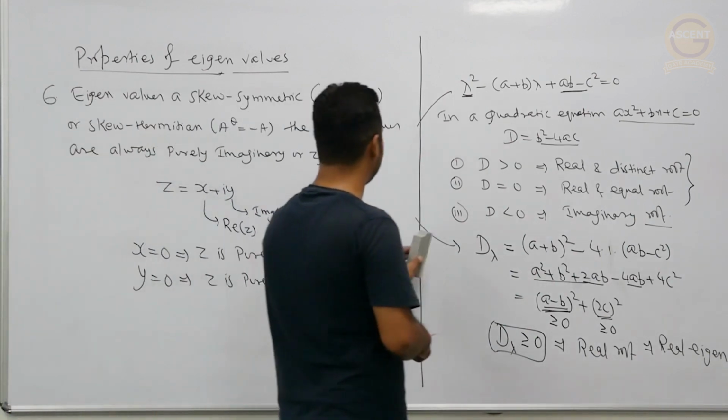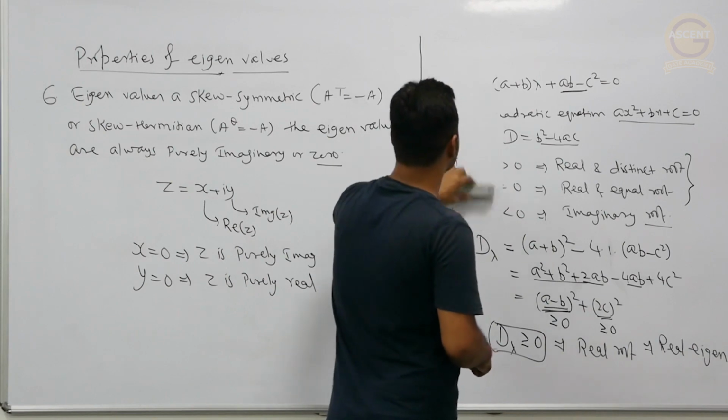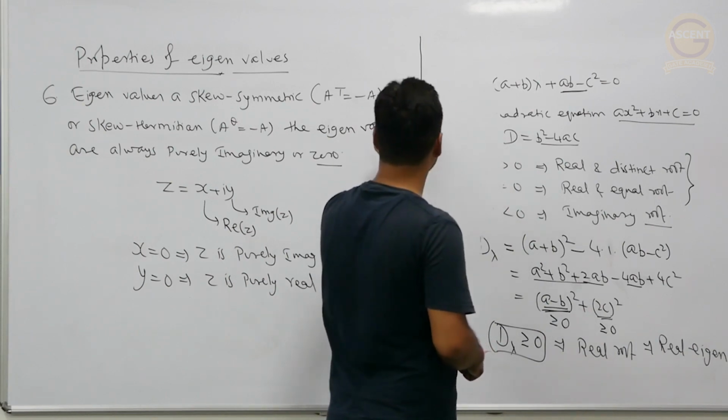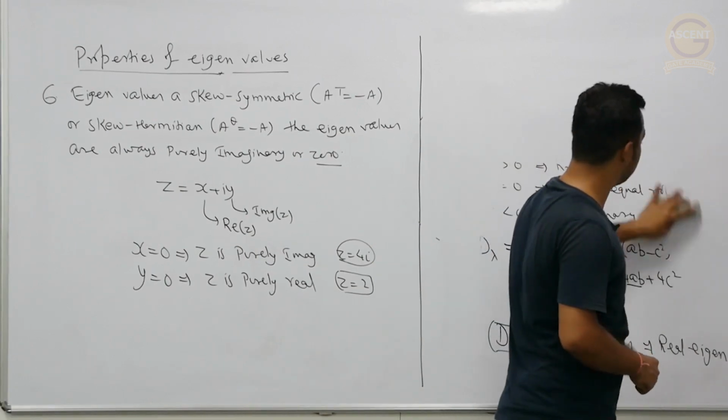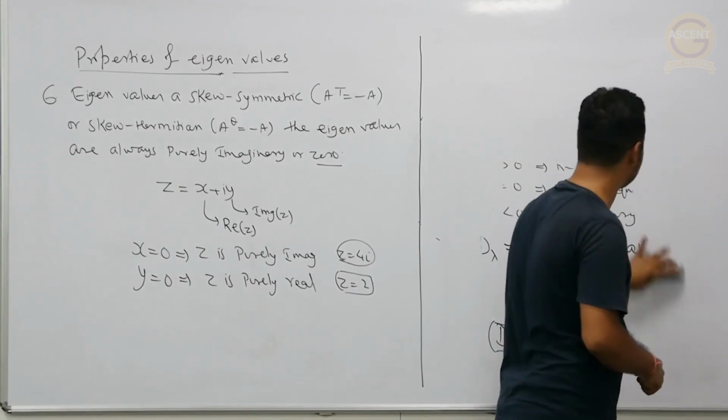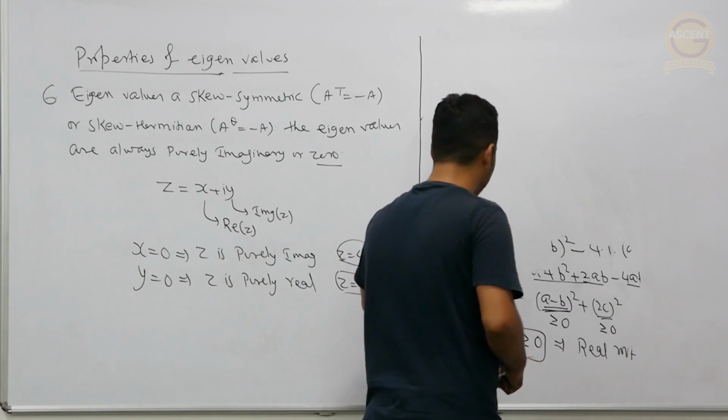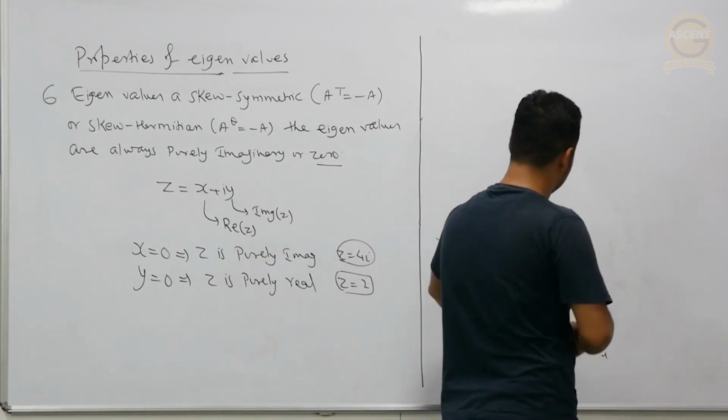You can prove this property using the same technique. Suppose I have to show that the eigenvalues of a skew-symmetric or skew-Hermitian matrix are always purely imaginary. Again I will take a 2 cross 2 matrix just to explain this concept.